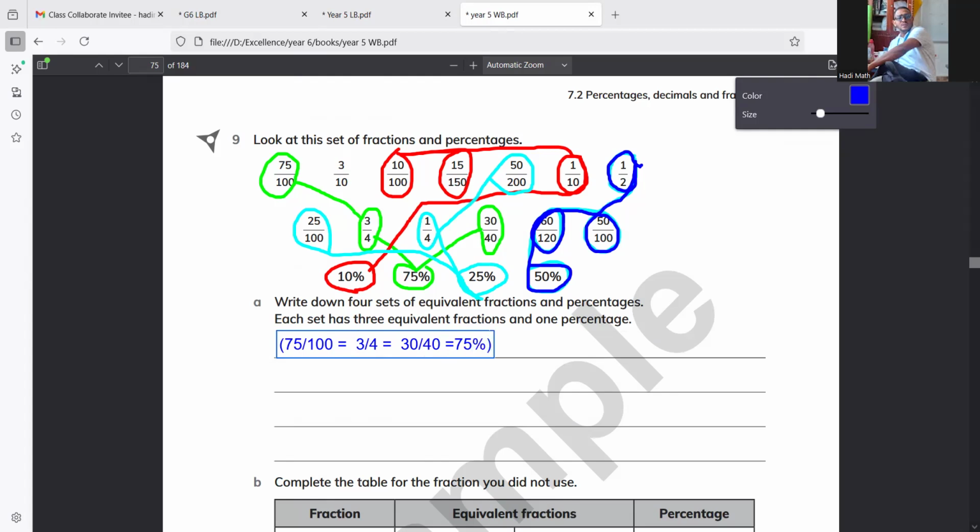This is set number one. We can go to set number two. It is 10 over 100 is equal to 15 over 150. And this is equal to 1 over 10. And this is equal to 10%.